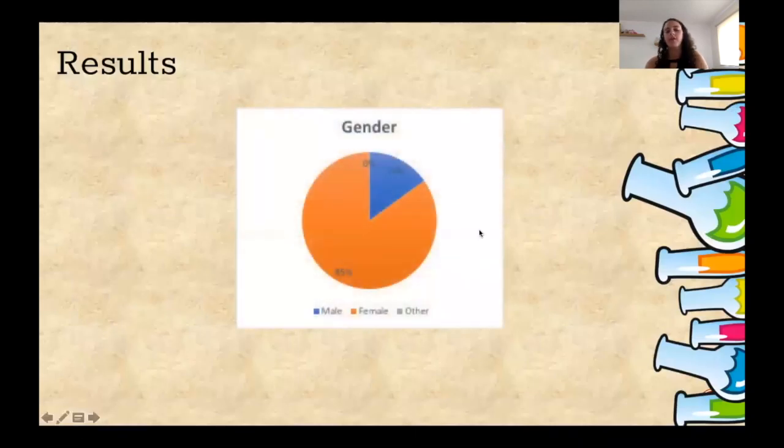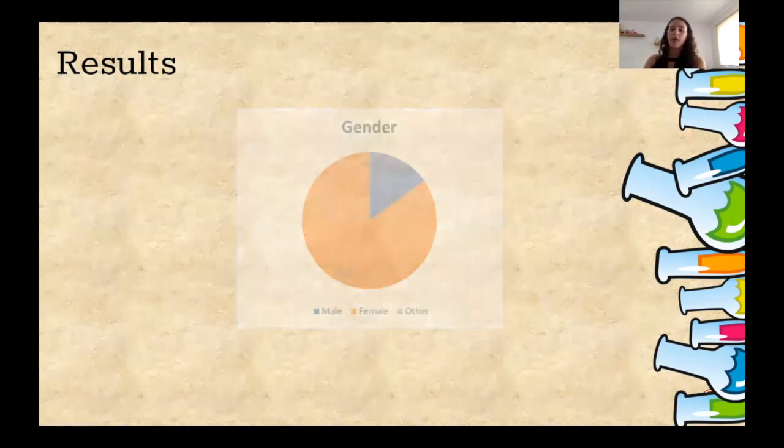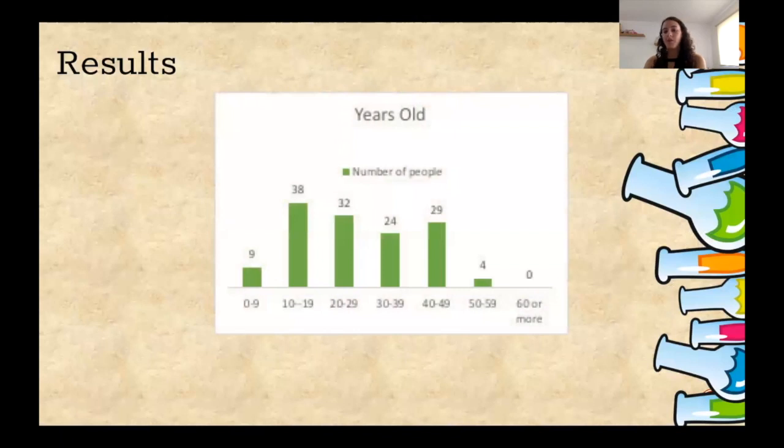So for the gender question, most of the people I surveyed were female. Most people had their surgeries at the age of 10 to 19, but we need to consider that most of the people that answered this survey were young, so that's why probably no one had had surgery for 60 years old or more.